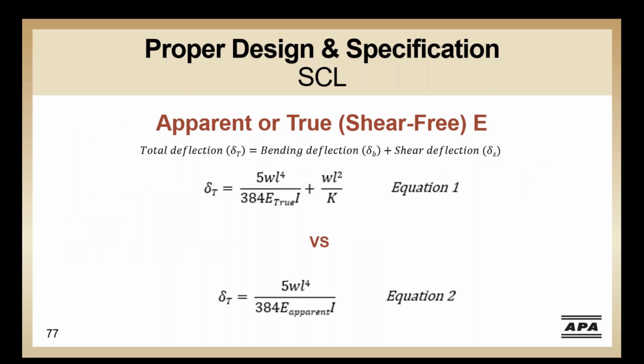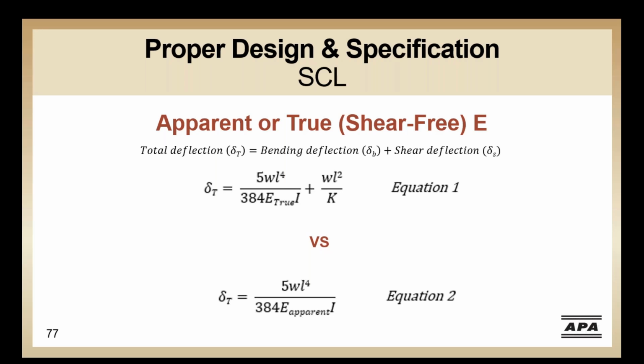I'd like to take a little minute and mention a word about the modulus of elasticity, or E, in comparing products, where E is the measure of deflection resistance that a beam or header provides. Apparent or shear-free E has caused confusion with designers, so I'd like to clear things up a little bit. In wood design, there are two deflections to be considered when designing a member: a deflection based on bending of the beam plus the shear deflection.